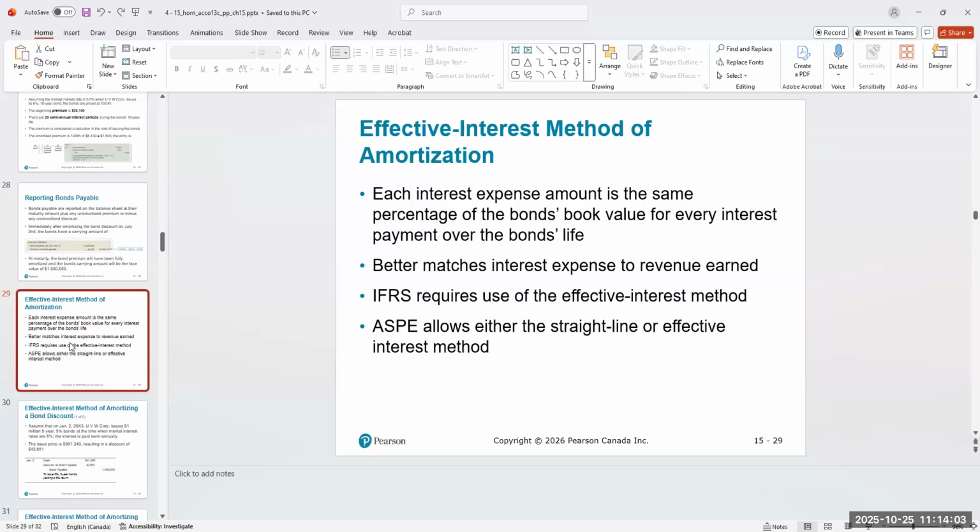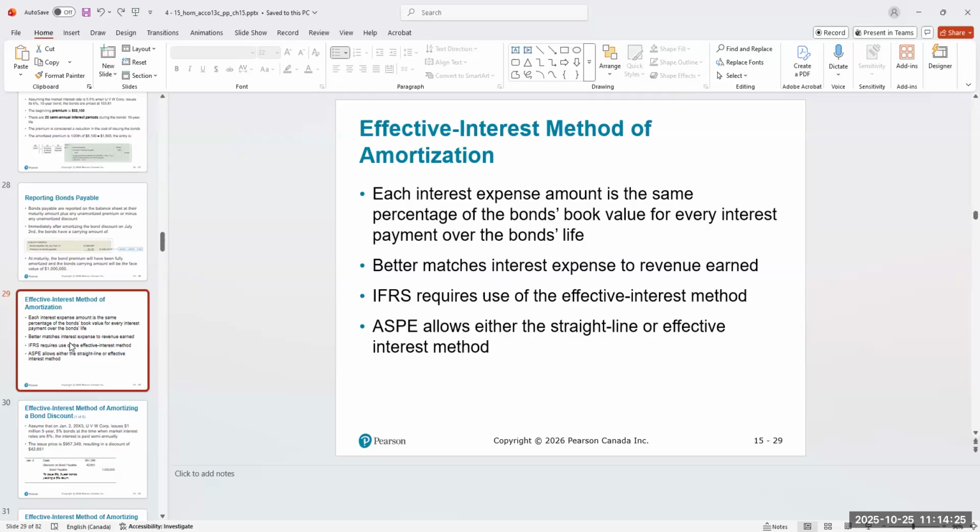Effective interest expense amount is the same percentage of the bond's book value. The effective interest method better matches the interest expense to the revenue earned. International financial reporting standards require using the effective interest method. Accounting standards for private enterprises allow both methods, straight line or effective.